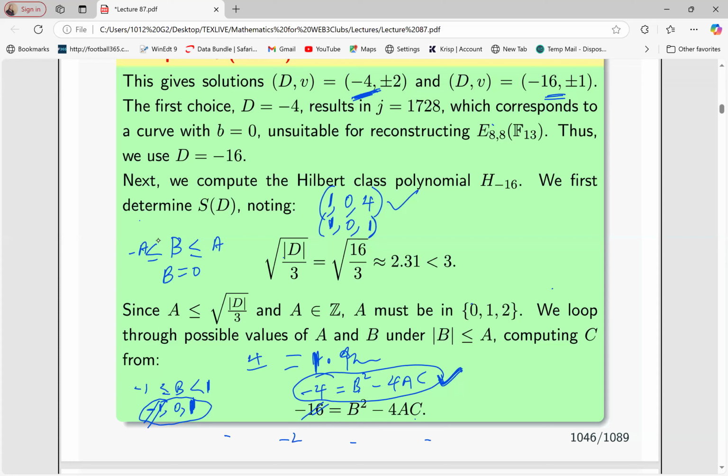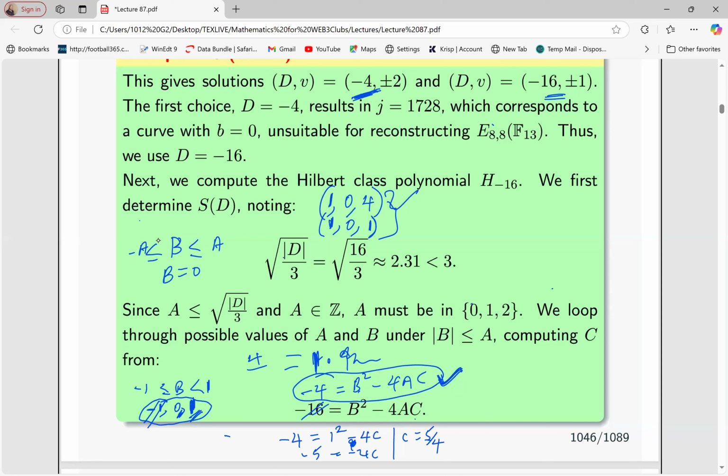So that would be negative 4, 1 squared minus 4C. Crossing over, negative 5 is negative 4C, or C will be 5 out of 4, which is not an integer. Therefore, B can never be 1. So B is only 0, and these are our two scenarios.